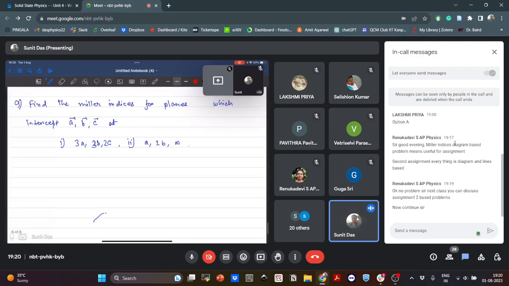Okay. So find the Miller indices for planes which intersect ABC. What is ABC? ABC is basically three Cartesian coordinate dimensions. For problem number one, 3A, 3B, 2C, and then for problem two, A, 2B, and infinity.